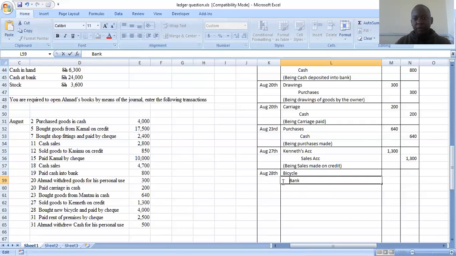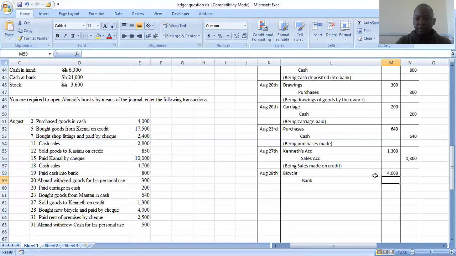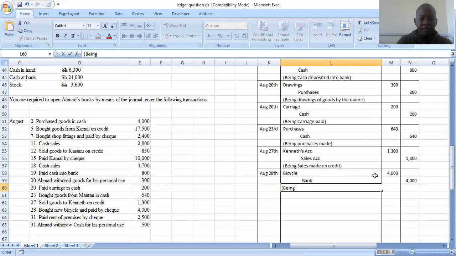To credit, we put it inside the margin. The amount is 4,000. We credit 4,000 in the bank account. Then we put the narration being bicycle purchased. We close that.